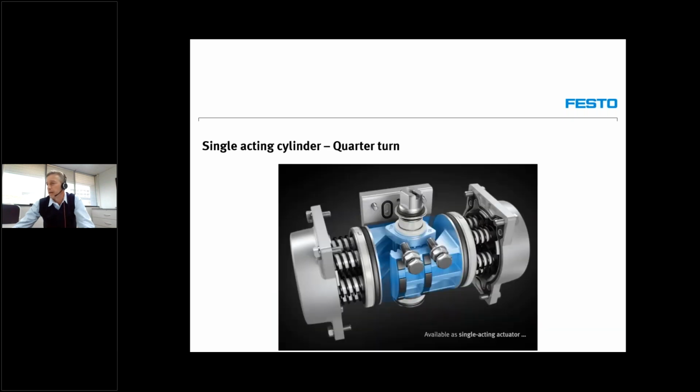Whereas with rotary actuators, the springs are not moved, they stay where they are. The fail-safe position is in fact determined by the way that the actuator and the process valve is assembled. So that is being either in a normally open or in a normally closed position when the actuator is in its default position.